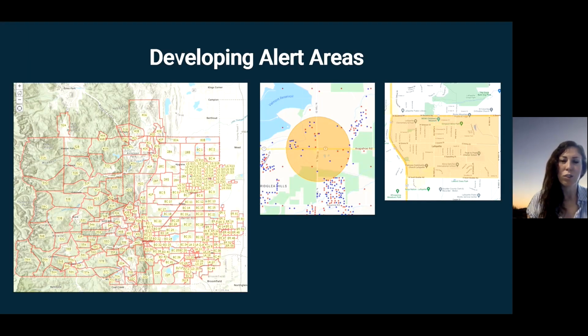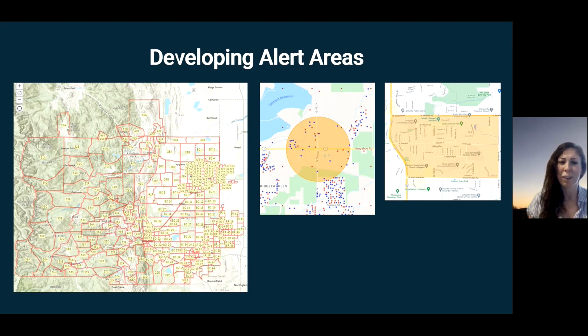The area that they determine can look like a few different shapes. First, it can be one of the predetermined shapes that we have in our county. The entire county is divided into predetermined shapes so that our incident commanders and dispatchers can communicate really quickly to get those alerts out to you in predetermined areas.